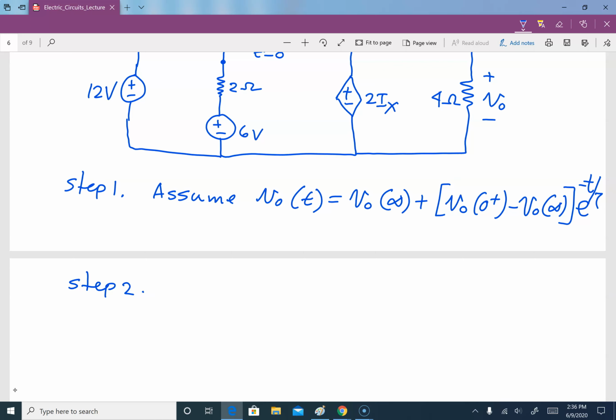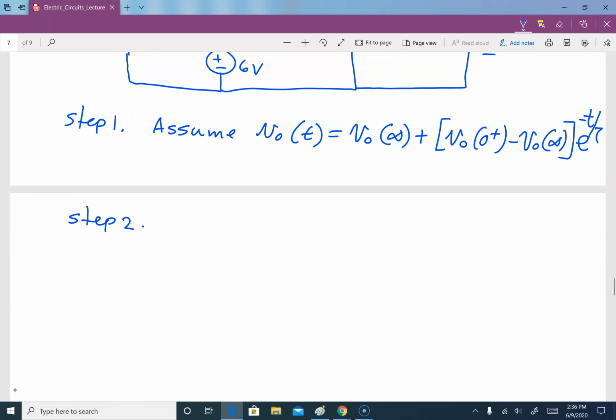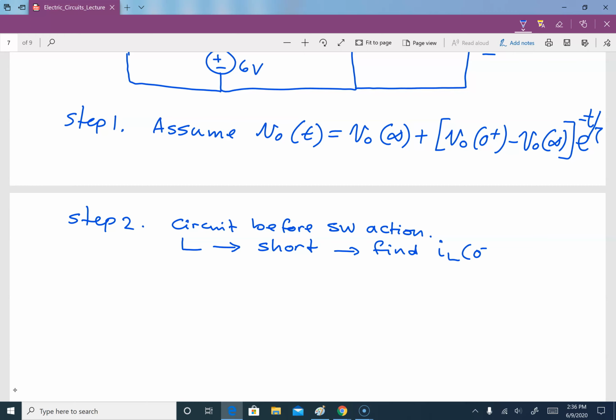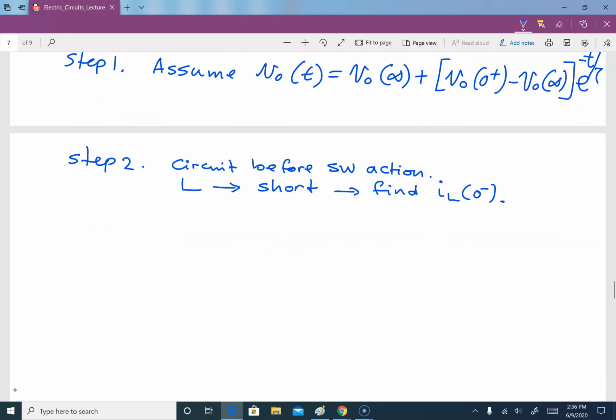In step 2, we need to draw the circuit before a switch action. So here, circuit before switch action. Replace L with short, and then find IL of 0 minus. This is what we will do.